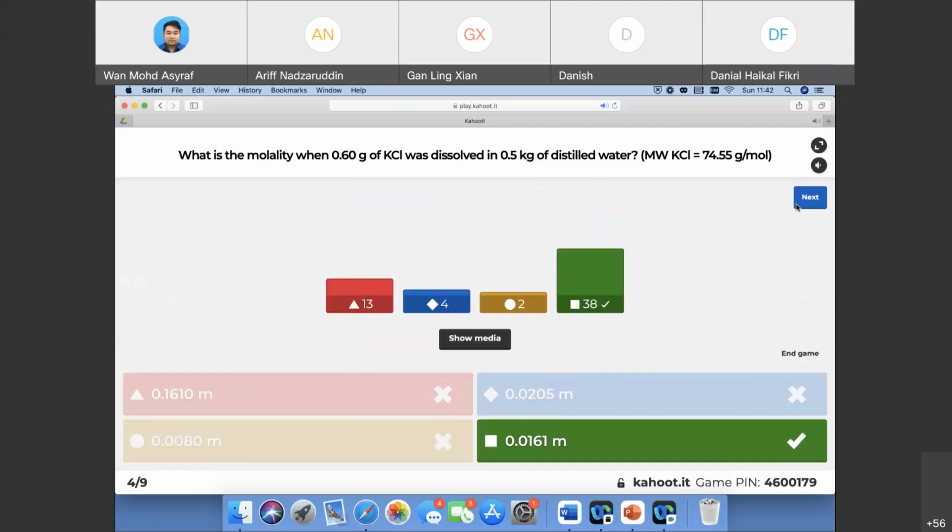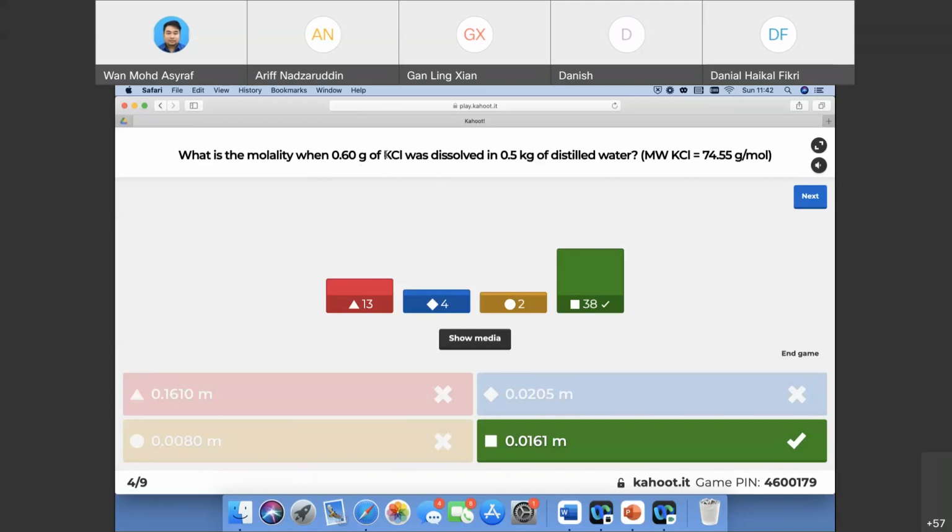Okay, so the correct answer is 0.0161. Okay, so 38 of you got it right. So basically, when we do molality kan tadi kita tengok apa formula adalah mole over kilogram of solvent.